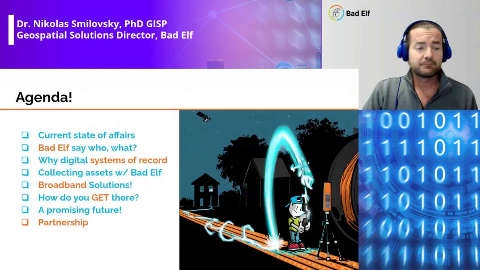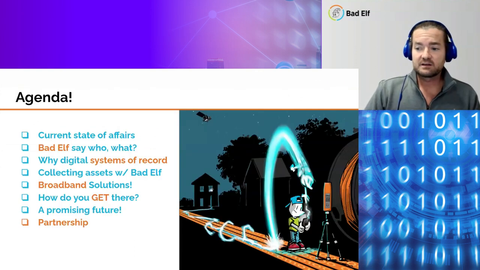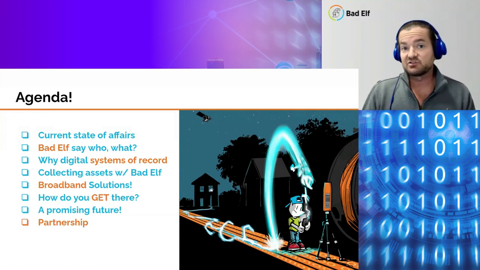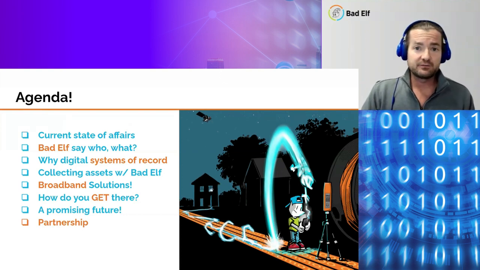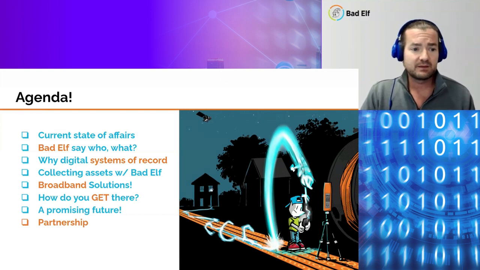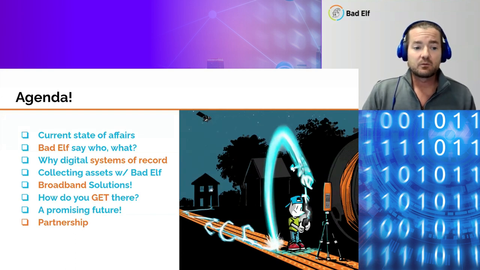So let's dive in. It looks long, but it's going to be very short. We're going to continue the discussion that Catherine started on what I call the current state of broadband affairs. We're going to discuss quickly who Bad Elf is, the who and the what, maybe if you've never heard of us. We're going to talk a little bit about the importance of the system of record, particularly digital systems of record.